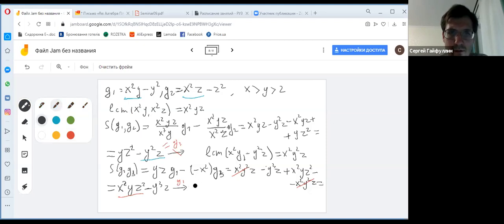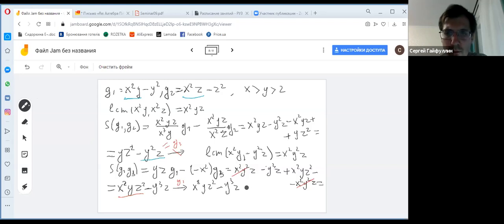Just x square y z square minus y cubed z minus g1 multiplied by z square.